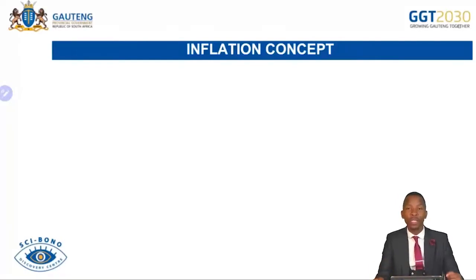Because of that, a certain intervention is necessary from the government. That's why we have seen the South African Reserve Bank increasing the interest rate by 75 basis points. That is the measure to try reducing the money supply within the economy, in order for the economy to experience a lower level of spending and of demand on goods and services.